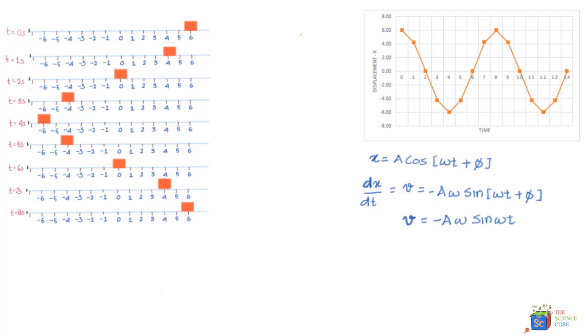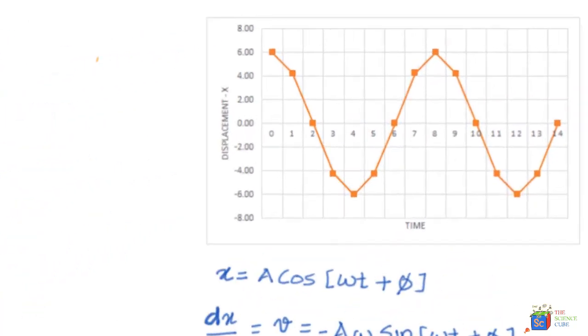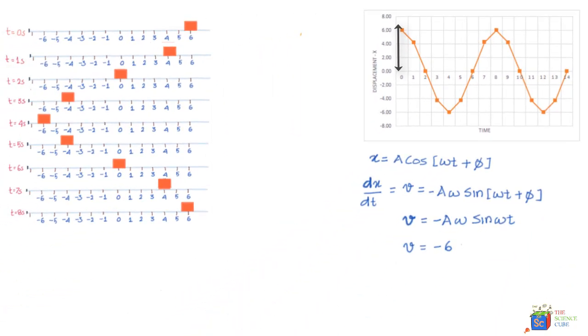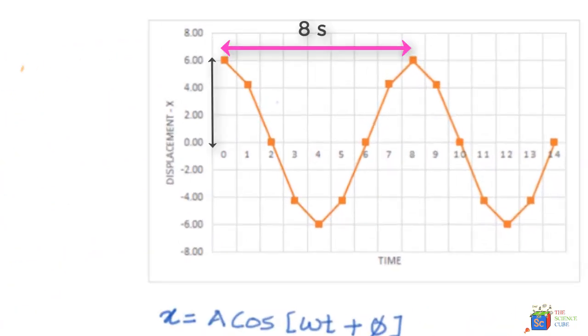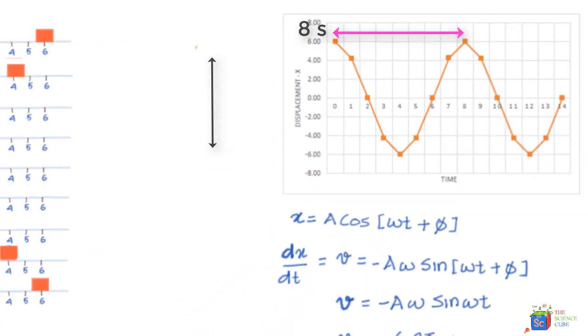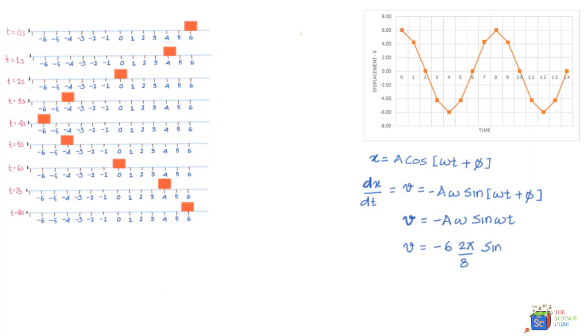So let's write this equation for this particular case, and what you'll get is v is equal to minus 6, because 6 is amplitude, into omega, which is nothing but 2 pi upon the time period, which is 8 seconds, into sine of 2 pi upon 8 times t.